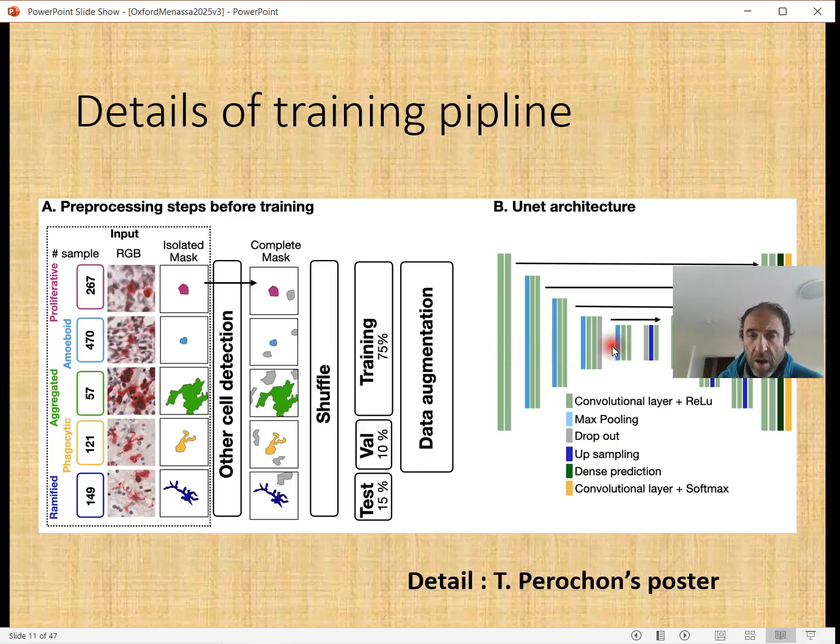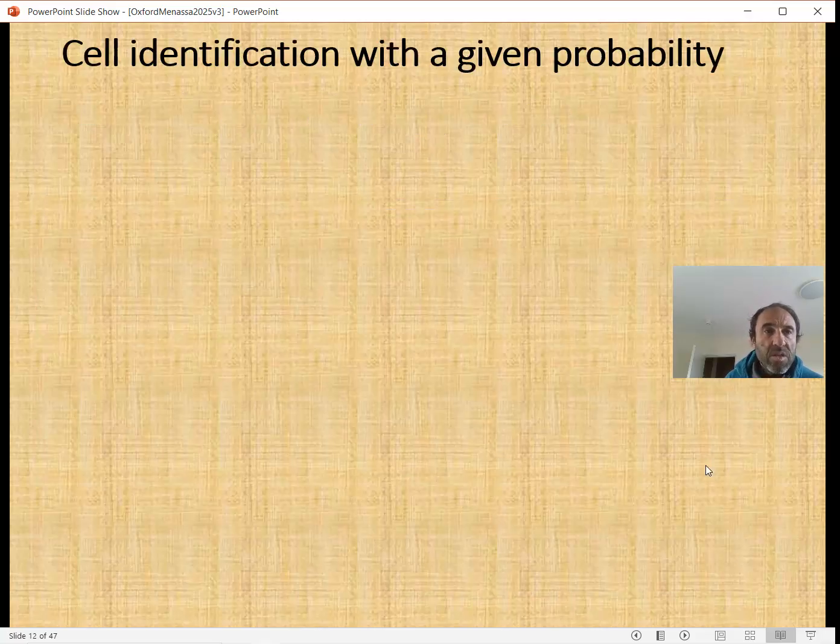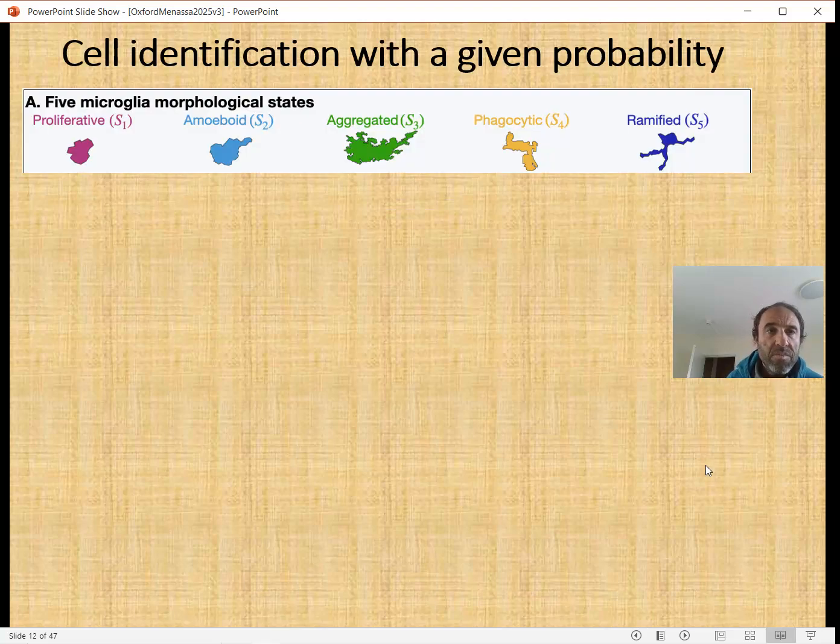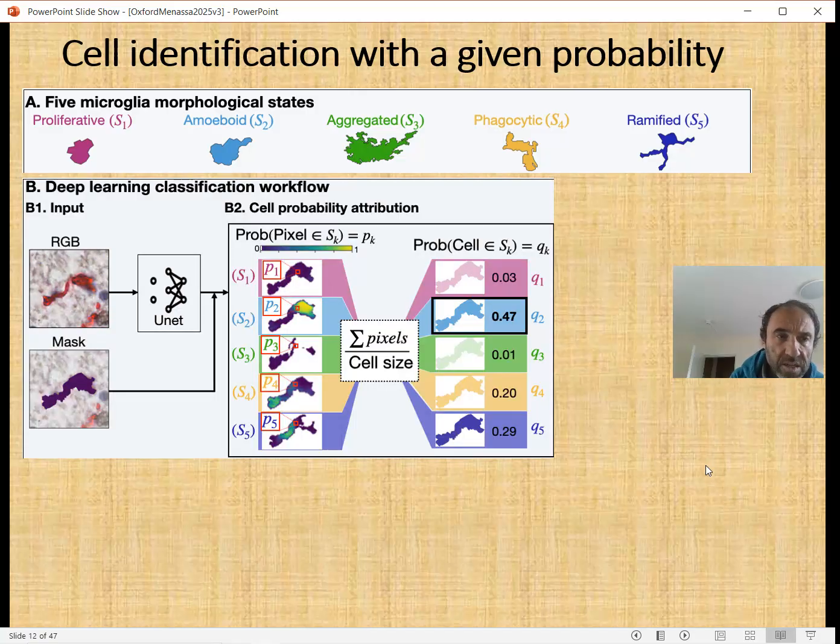I'm not going to describe it specifically here, but this is a classical U-Net architecture of your neural network. That's what you give as an input, and you have these convolution layers, the max pooling, dropout, and all of these steps that constitute your deep learning architecture. And then what you get from this automated cell identification, we have these 5 cells.